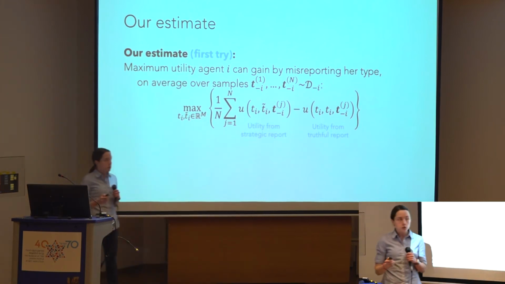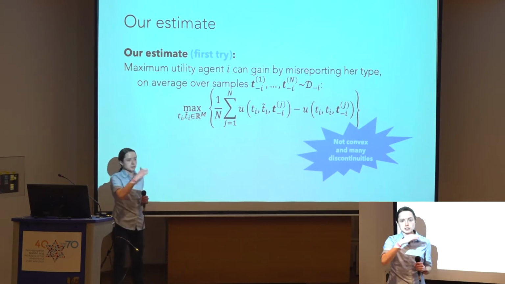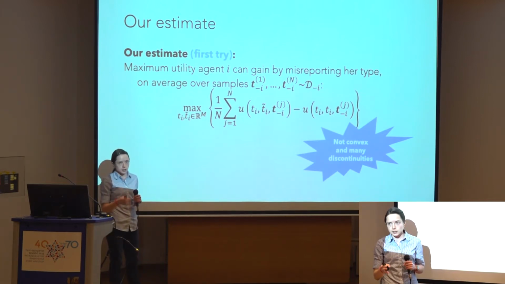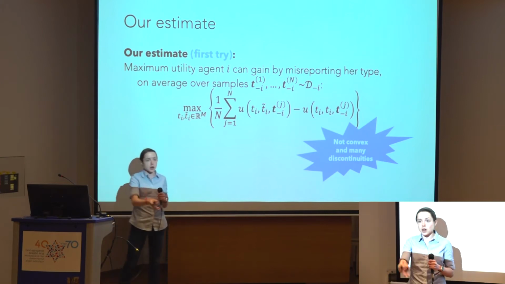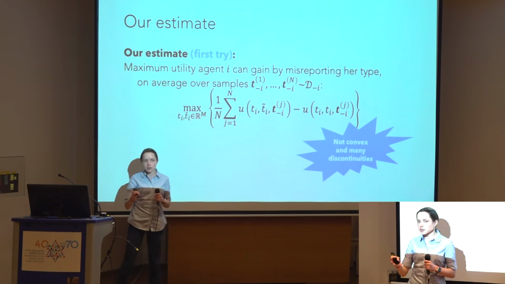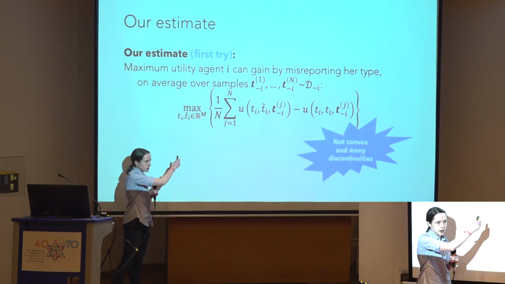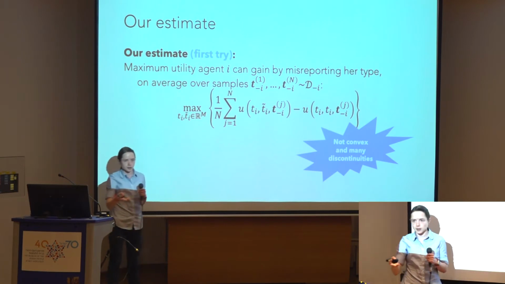The problem with this approach is that these utility functions, as I'm going to illustrate in a couple of slides, are non-convex. They have many jump discontinuities, so it's not clear that you can even compute this maximum value in finite time.